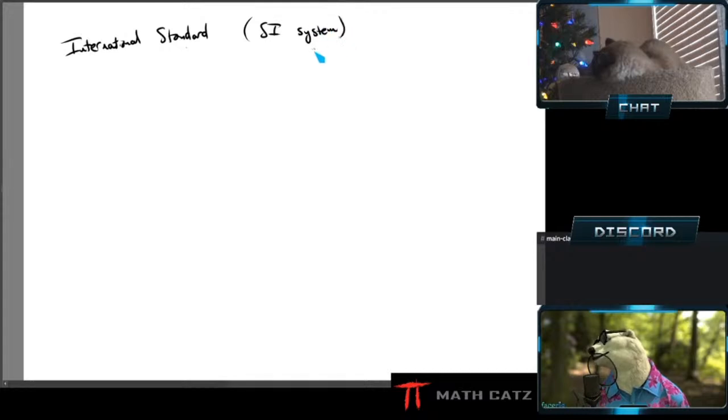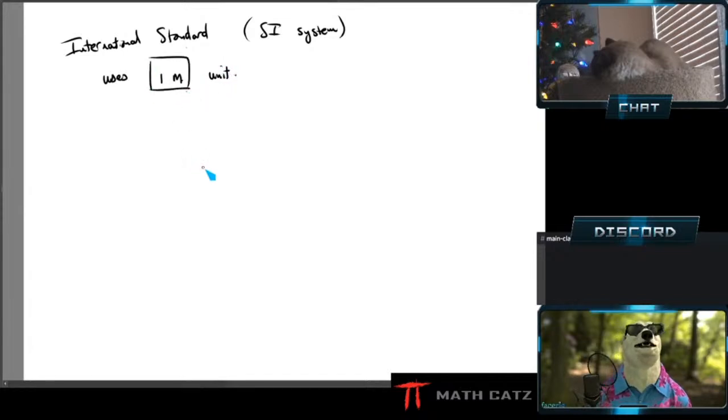So the international standard for the SI system uses that exact thing. Now, I'm not going to write them all, but let's say it uses 1 meter unit and builds on that.